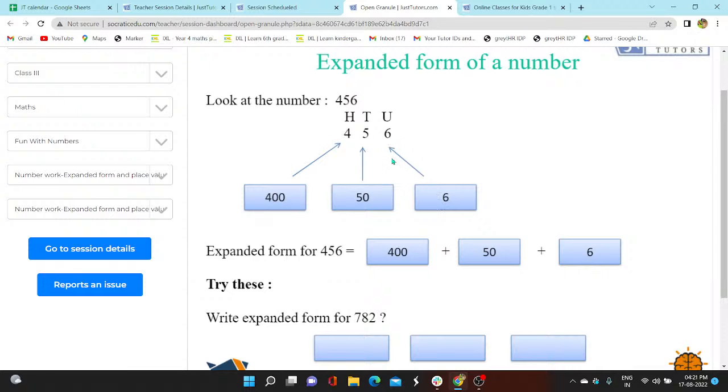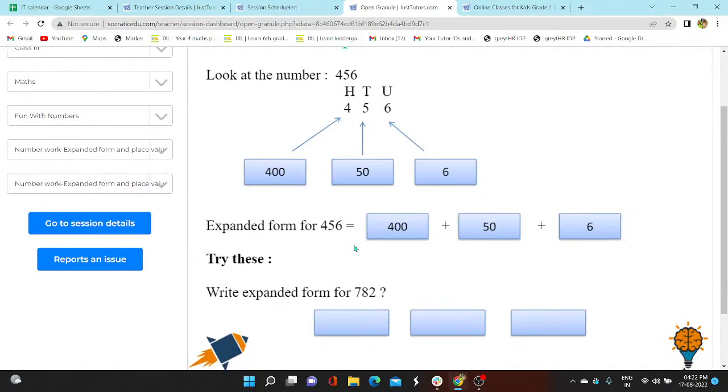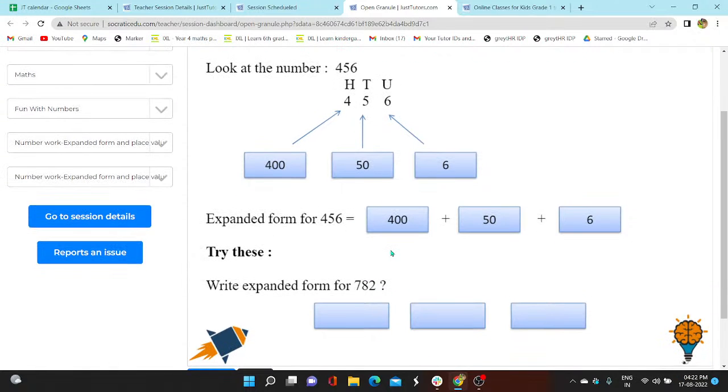So 6 in the units, 5 in the tens, so since we have 5 tens, we call it 50, and since we have 4 hundreds, we call it 400. Now the expanded form of 456 would be 400 plus 50 plus 6.